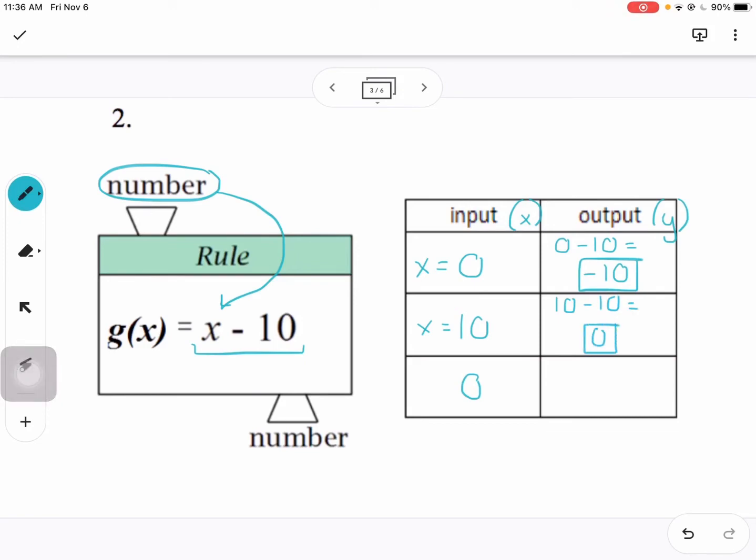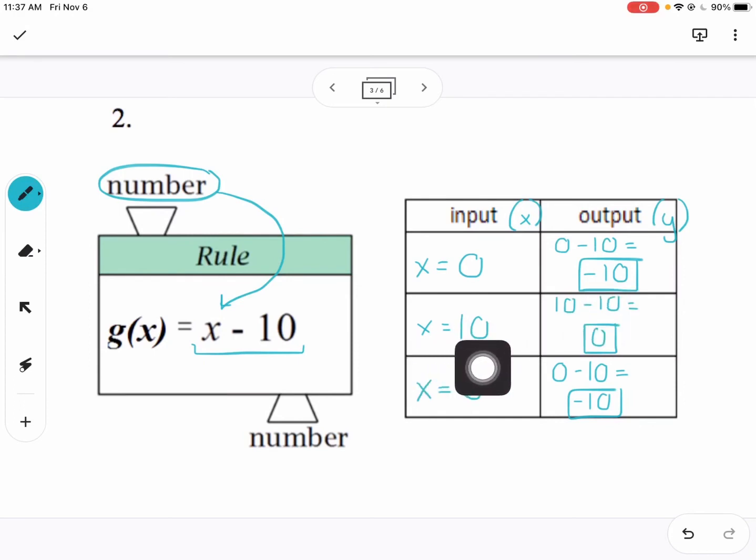Okay. So far, so good. I inputted 0, I get an answer. I inputted 10, I get an answer. This one is the real test. If I put in 0 again, am I going to get negative 10 again? Is this a function? So let's see, 0 minus 10 equals negative 10. So every time I input 0, I'm getting the same output.